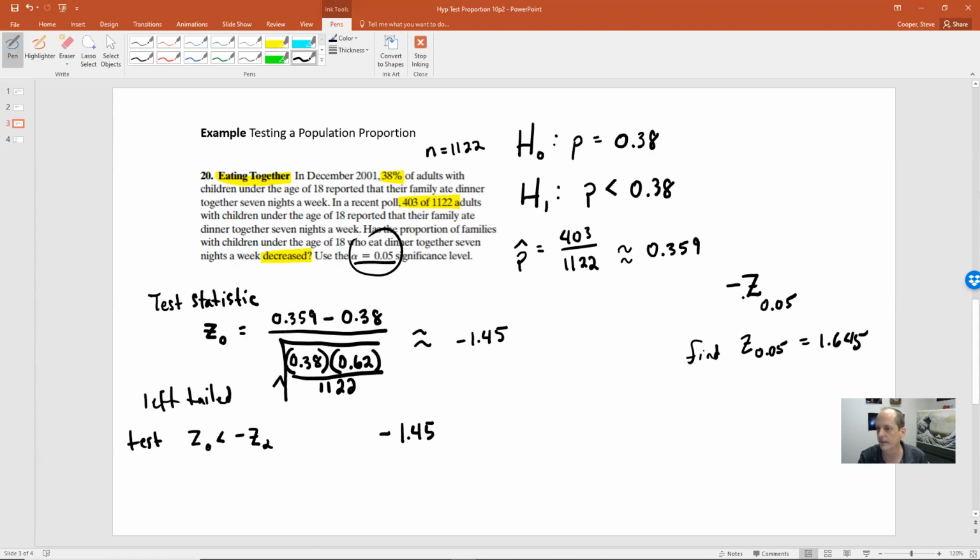But look at that, it says to use the negative of Z sub alpha. So we're looking to see if negative 1.45 is less than negative 1.645. Well, that's false. So we do not reject the null hypothesis.